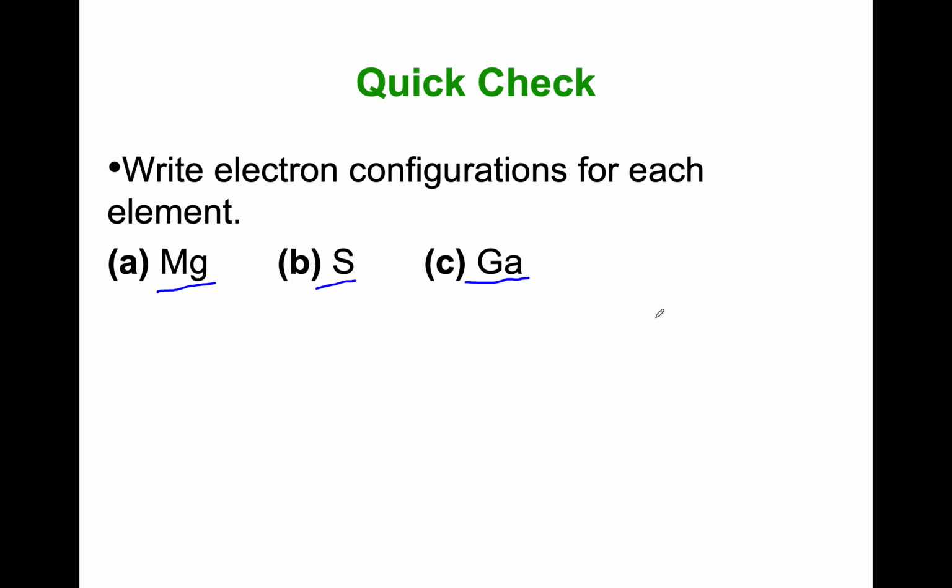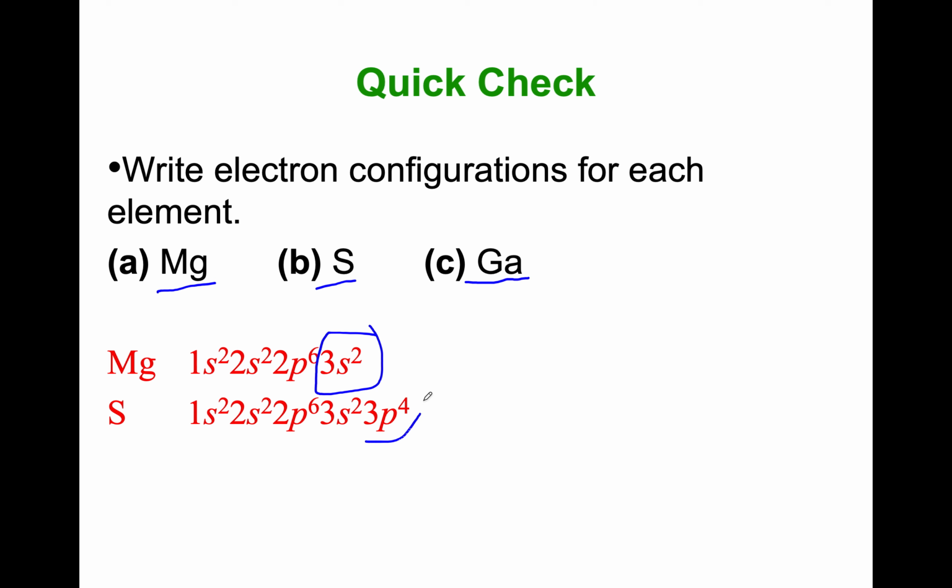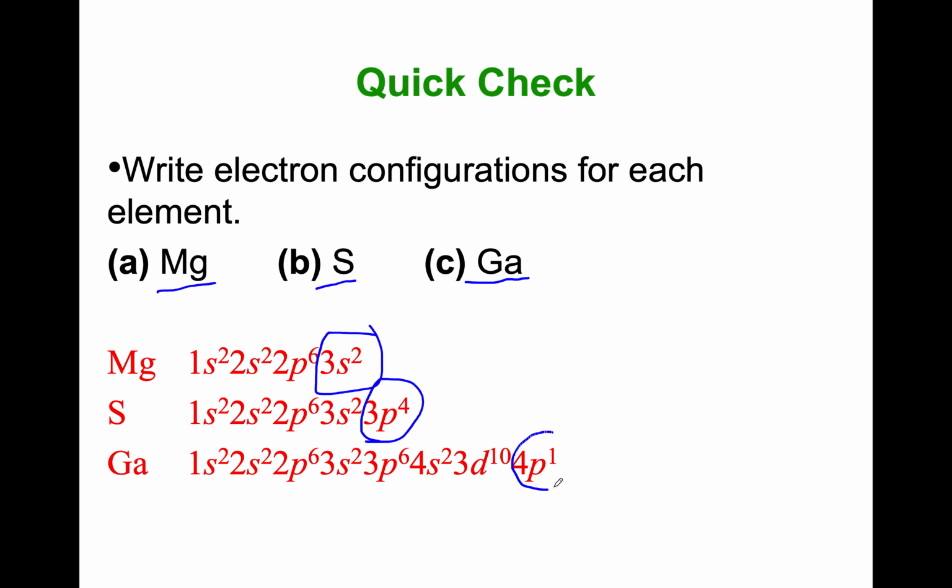So we already went through carbon, and that got us 1s2, 2s2, and then 2p6 fills that period. That takes us to the next level, which is 3s2. Then we just continue on with sulfur, and that would be 3p4. And if you continue on, we just add, and that gets us to 4p1.